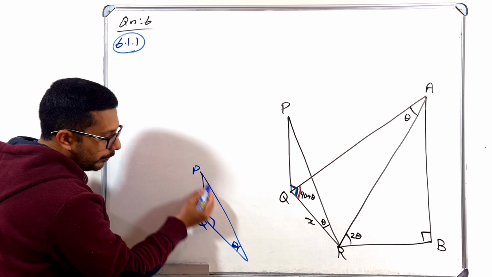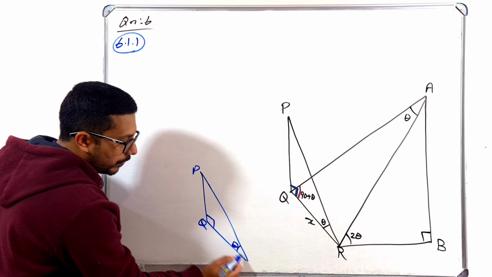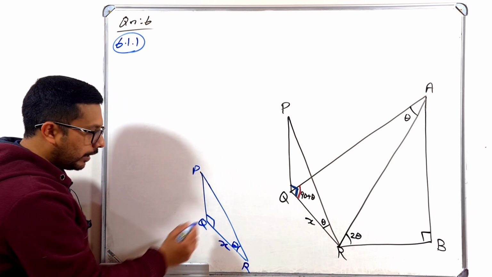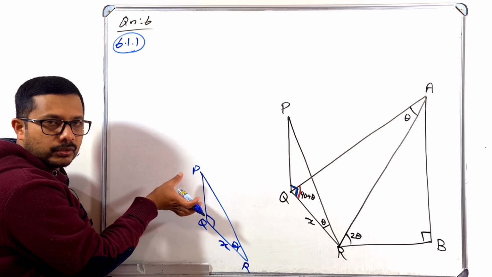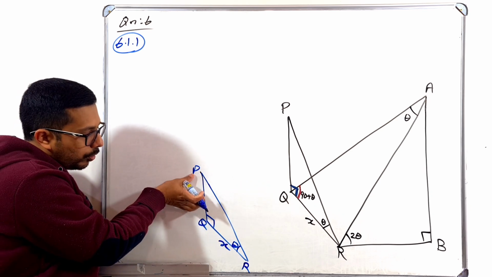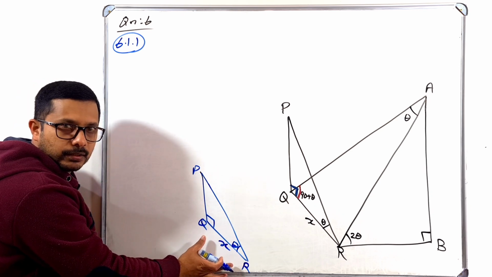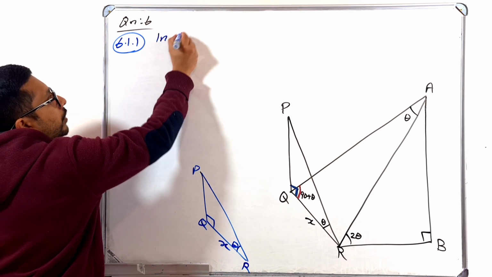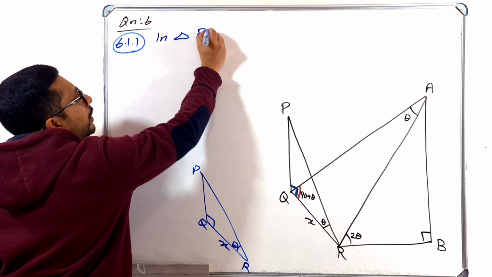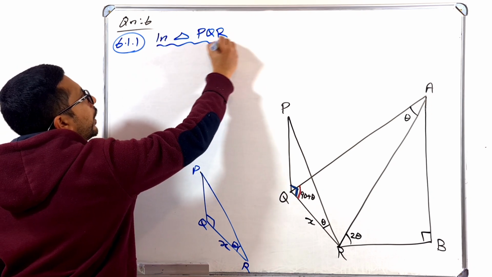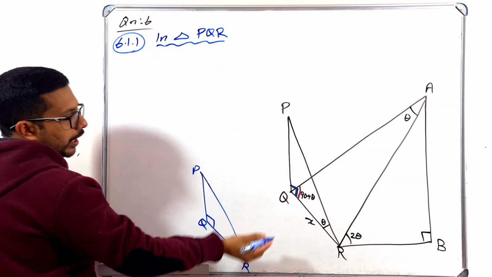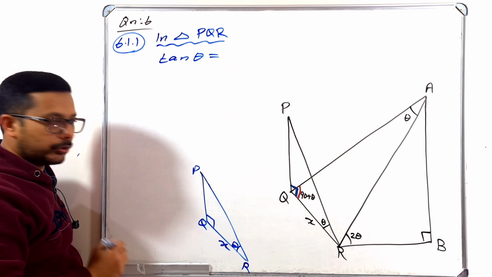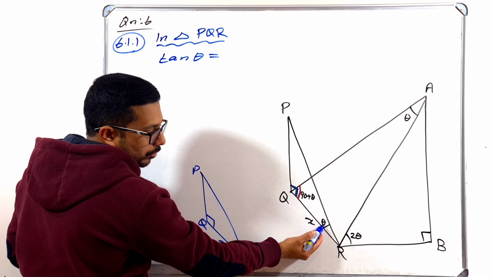And this is 90 degrees, which means this is the hypotenuse and this one is the adjacent side. Adjacent side is x. And you have to find the opposite side. So which trigonometry is connecting opposite side and adjacent side? Of course it is tan. So look at in triangle PQR, tan theta, I'm going to take the trigonometry tan theta.